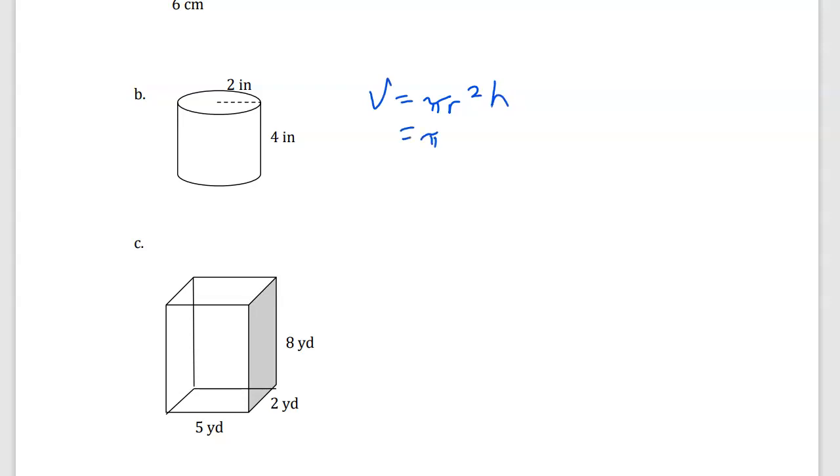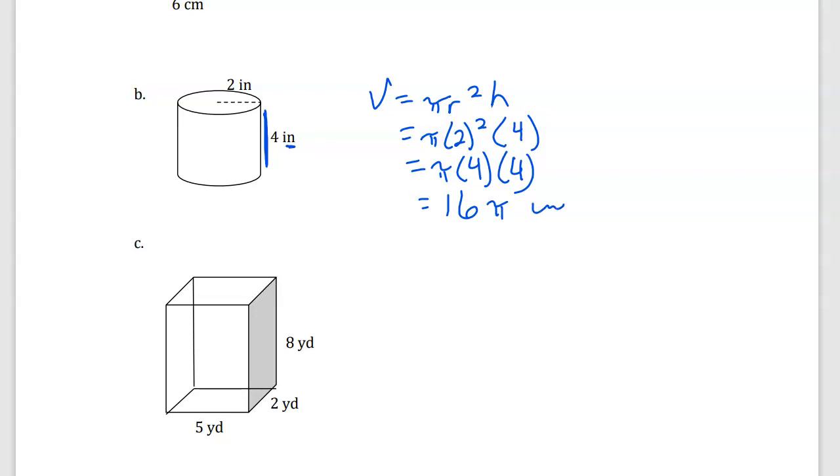So I have pi times 2 squared, and then I multiply by however tall something is, which in this case is 4. So I have pi times 4 times 4, which gives me 16 pi, and this is in inches cubed.